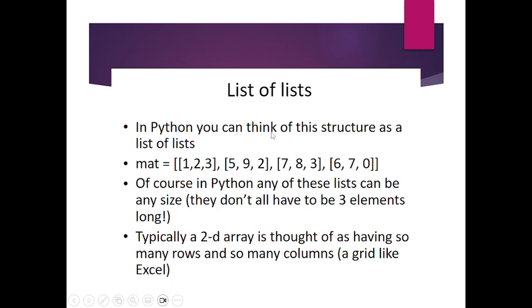In Python, you can think of the structure as a list of lists. If we have the numbers 1, 2, 3, 4. Of course, in Python, any of these lists can be any size. They don't all have to be 3 elements long. Typically, a 2D array is thought of as having so many rows and so many columns, like Excel. An example of a 2D array is in Excel, where you see the rows and columns.